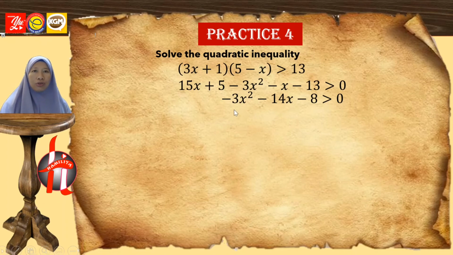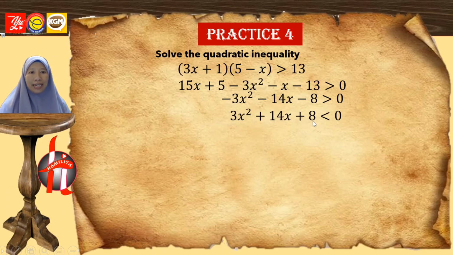So you have two options, whether to remain the coefficient of x squared as negative 3, or we can also change the negative into positive by multiplying negative 1. So let's make the coefficient of x squared, or the a for the inequality, positive. So we multiply with negative 1, we get 3x squared plus 14x plus 8.